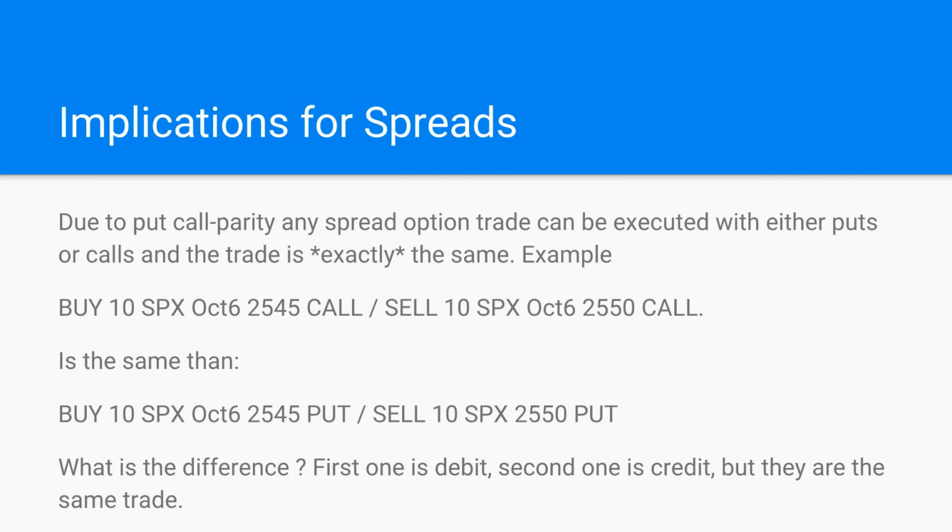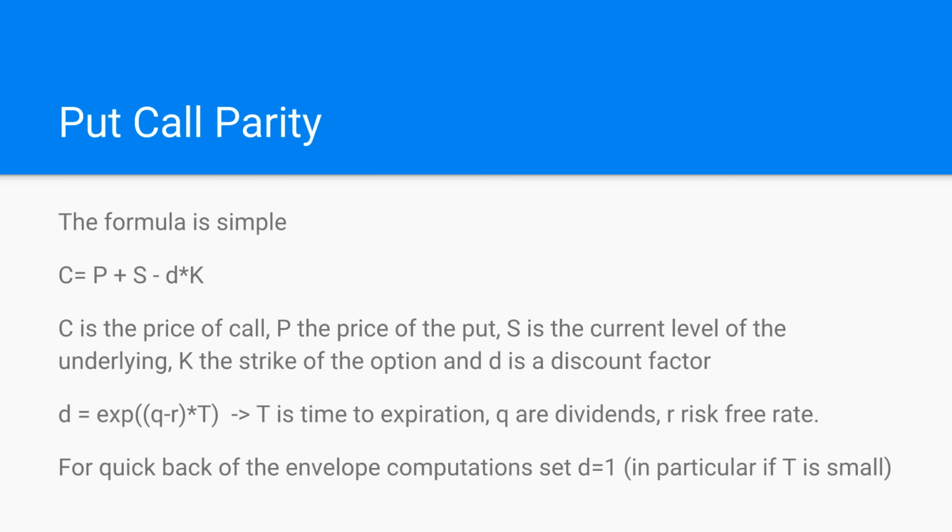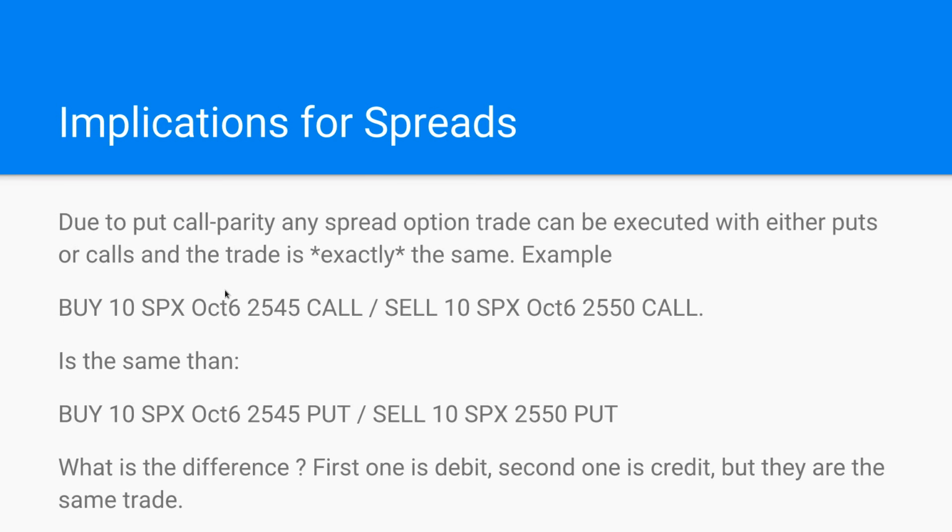This is hard for people to wrap their head around. Like, what? Calls do something, puts do something else. Yes, on their own they do something else, but once you spread them, it really doesn't matter. They are the same thing, and it's because you have put call parity. You can swap them, and nothing will change.